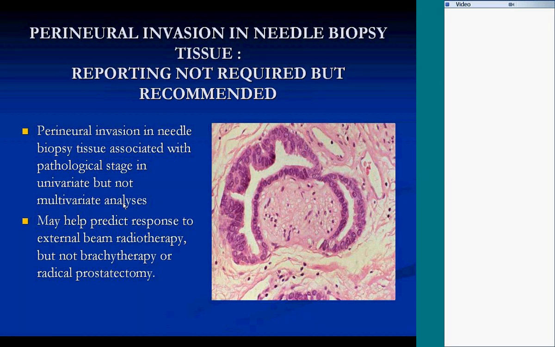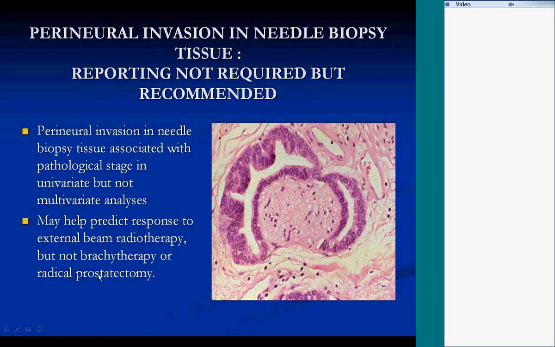And it's really not present in many nomograms or tables to predict response, although there is some data in the radiation oncology literature that it may help predict response to external beam radiotherapy, and may change the radiotherapist's approach as far as the dose of radiation therapy delivery, although, in talking to our radiation oncologists, it's a relatively minor criterion, and does not predict outcome after radical prostatectomy.